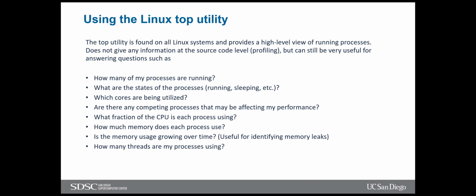So as mentioned, the top utility is found on all Linux systems and provides a high-level view of running processes. It should be noted that this doesn't provide anything on profiling. However, there are some things you can do to check your system. For instance, you can watch the memory and how much memory it's using, and if it's growing over time, you might have a memory leak.